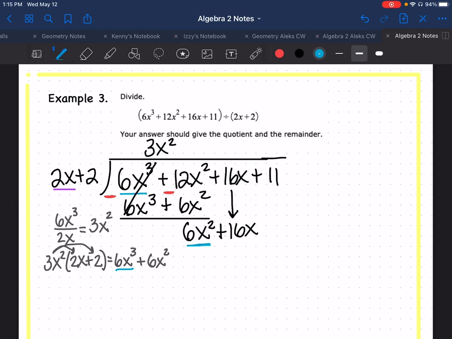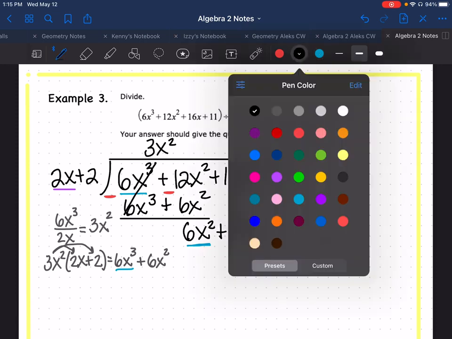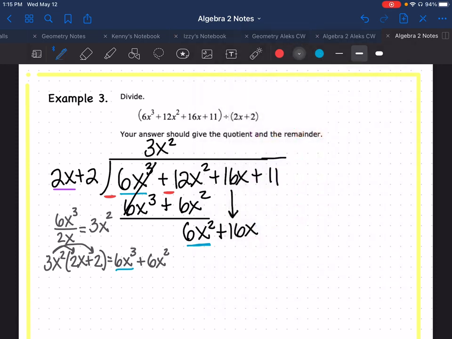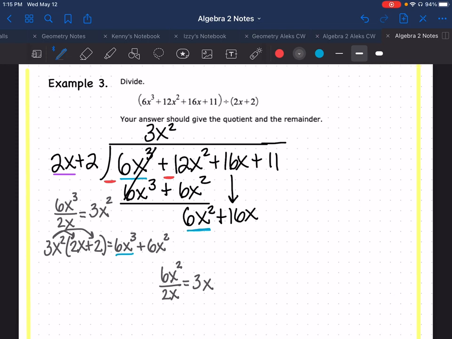Here is our new leading coefficient, and now I have to think of dividing that one by the purple one outside. So once again, 6 divided by 2 is 3, and x squared divided by x would be x. I have x times x over x, and those two would cancel out. There we go.